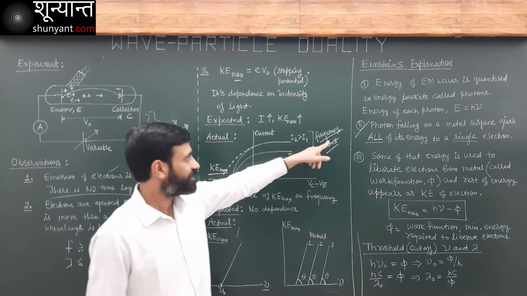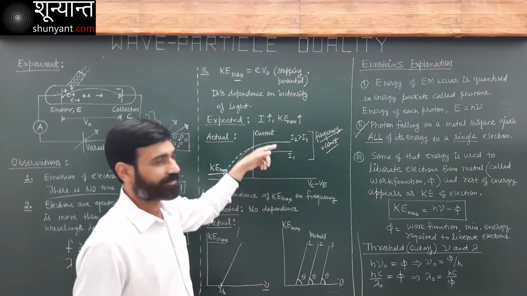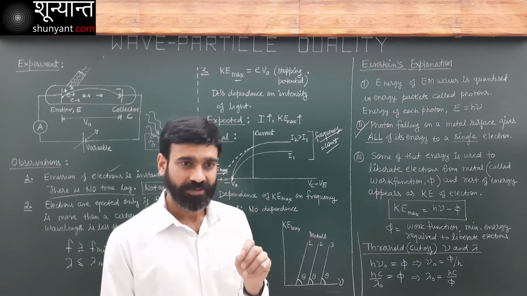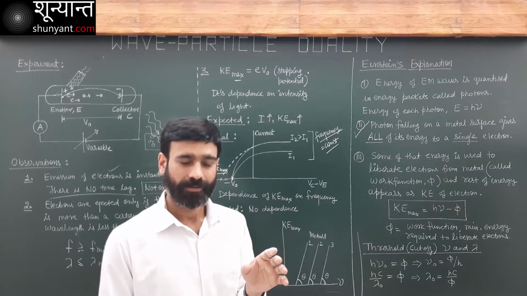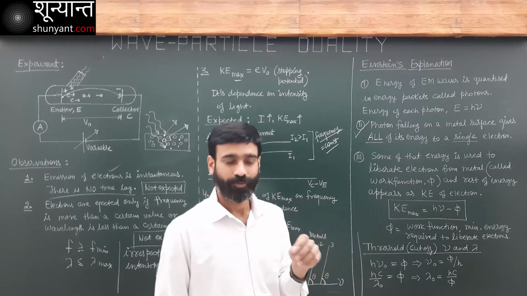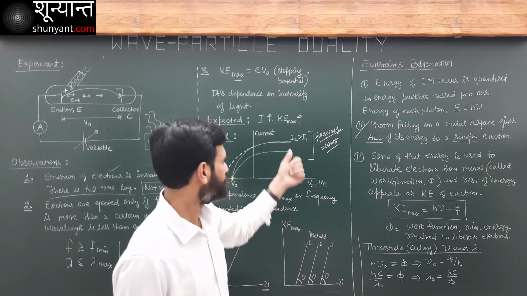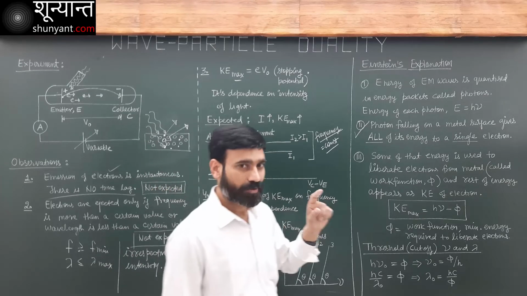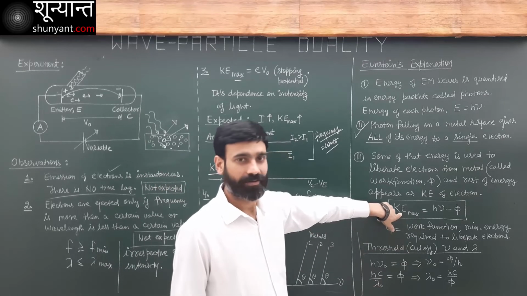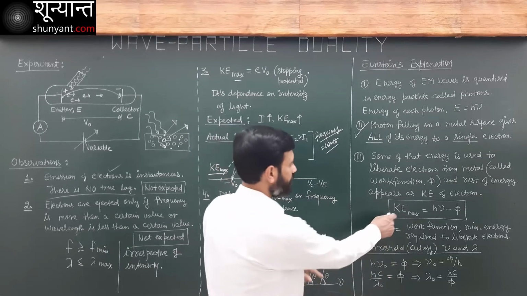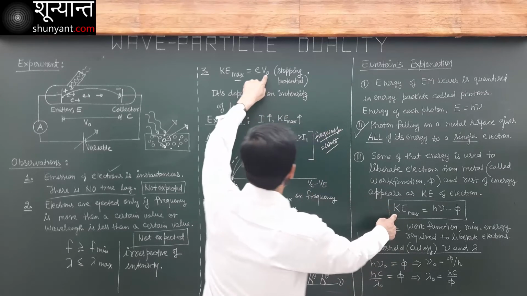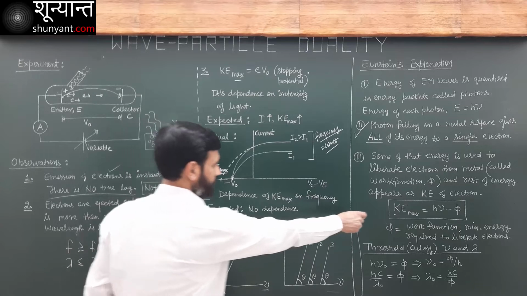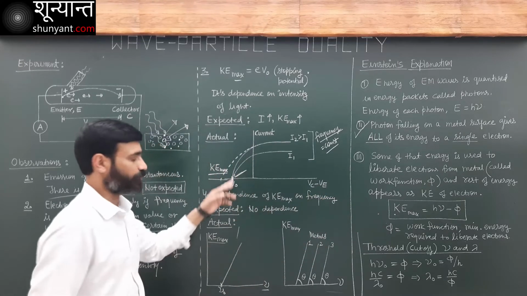See here, frequency remains constant, current increases. But since the energy of each photon is the same, only the number of photons has increased. So the current has increased, but since the energy of each electron remains constant, this value remains constant, and corresponding to this the stopping potential also remains constant. This explains this point.